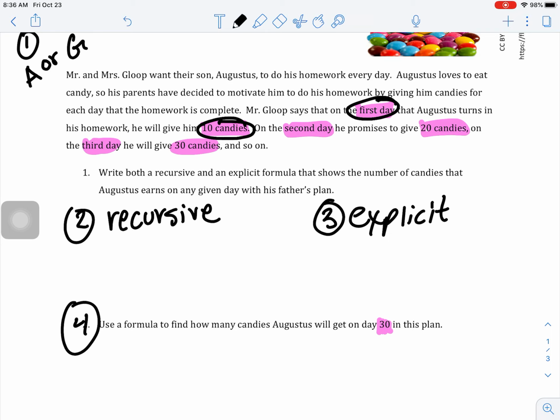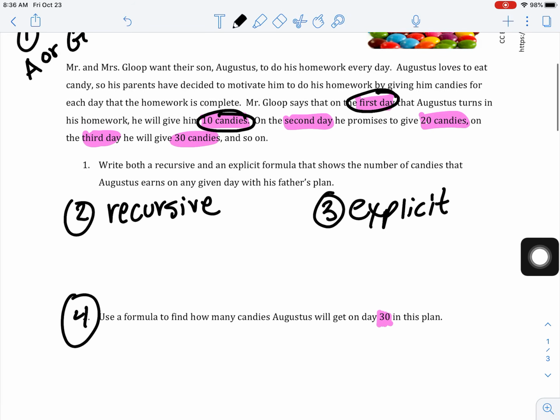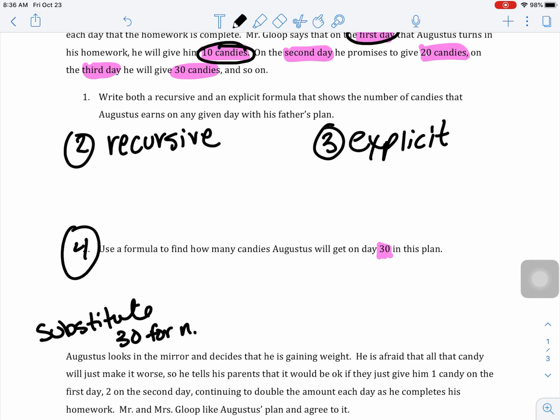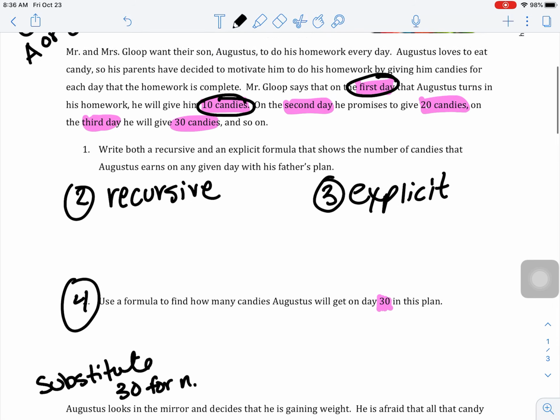Since it starts at day 1, that's going to give you that n minus 1 in your explicit, which is problem number 3. And then once you write your explicit, you want to use that to find day 30, which means you're going to substitute 30 for n in your equation. So that's the first half.